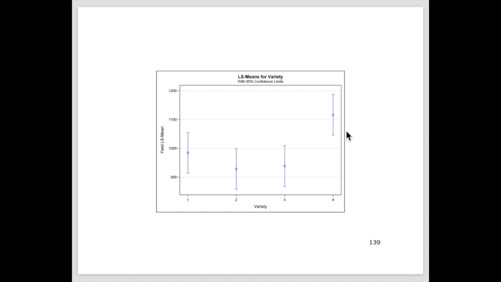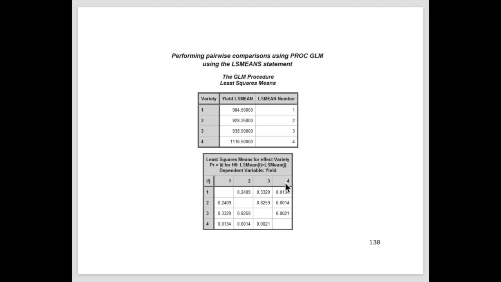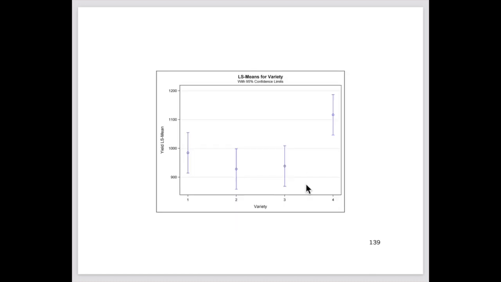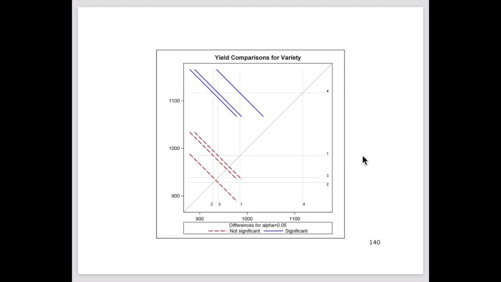The better way is to make an inference about mu1 minus mu4, and that's what is being done in this test. It's also what's being done in the next graph that we'll look at.